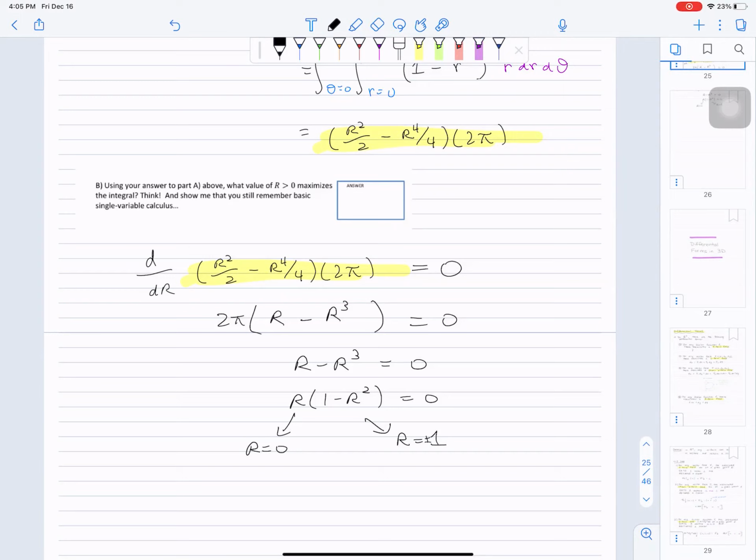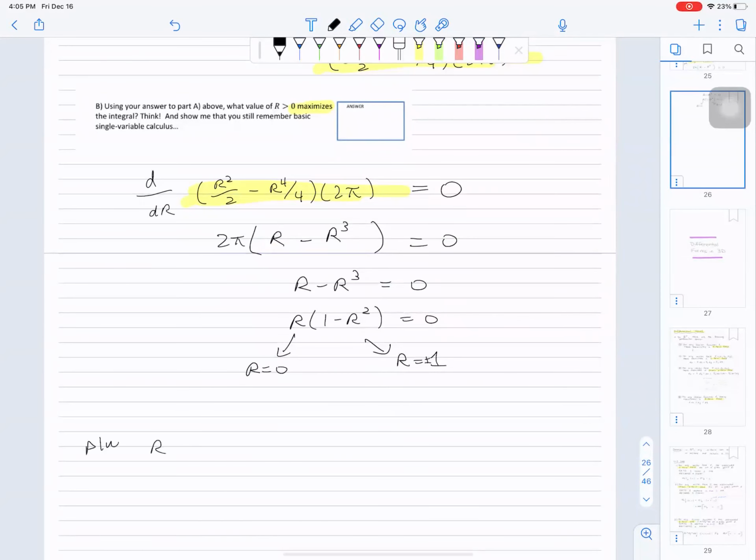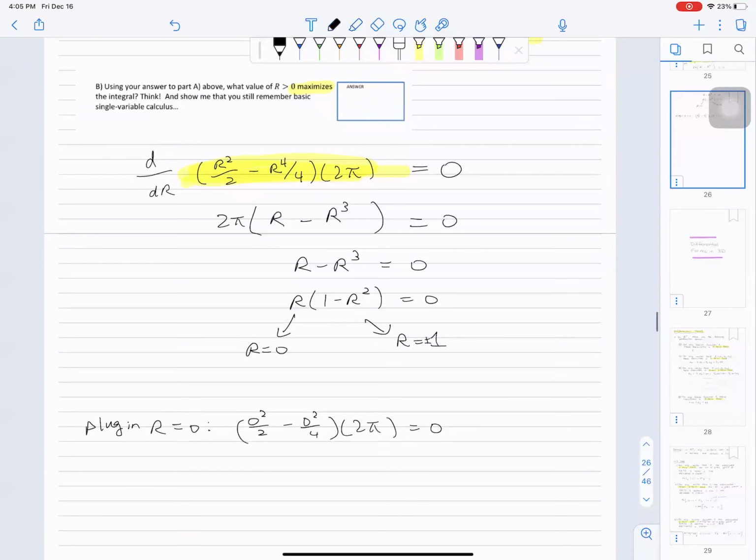How do I know if it's a max or a min? Well, I could plug these values into my original function and see which one gives me the largest number, because I'm trying to maximize. So I can plug in r equal to 0 into my highlighted equation. I get 0 squared over 2 minus 0, times 2 pi, that's still 0. What happens when I plug in positive 1?